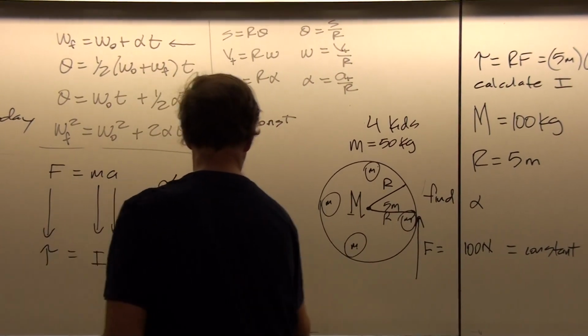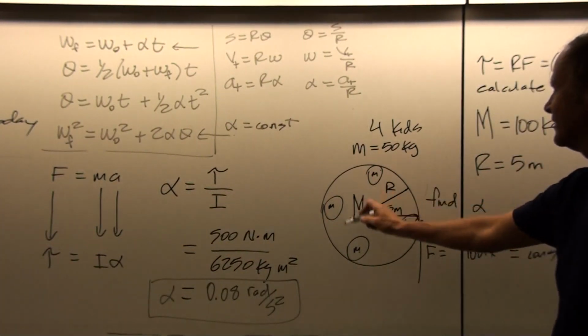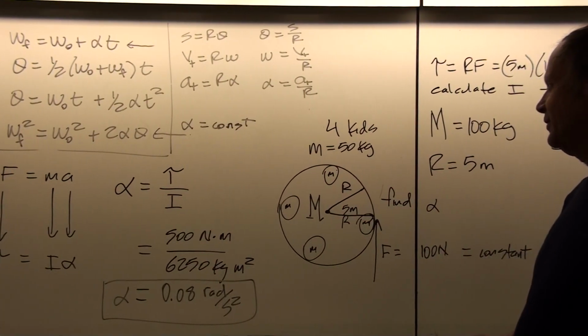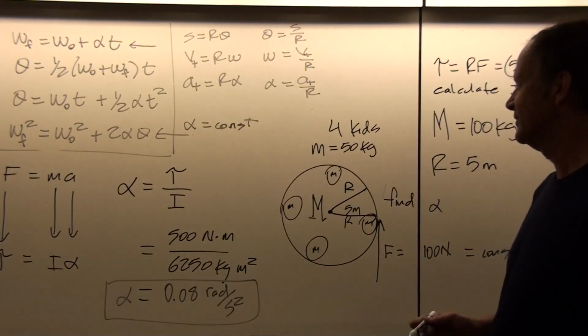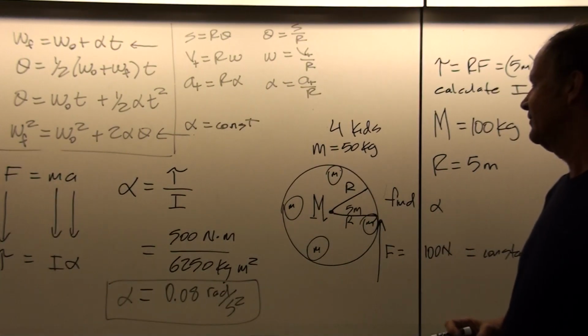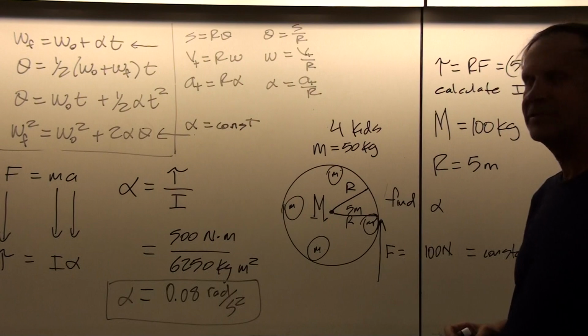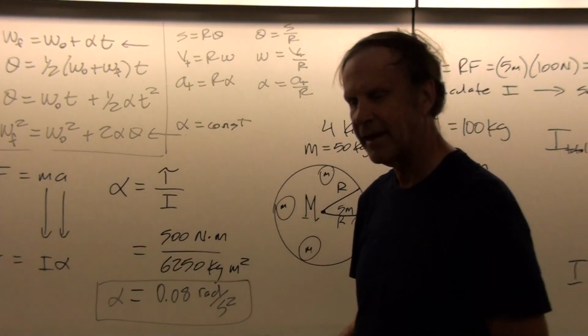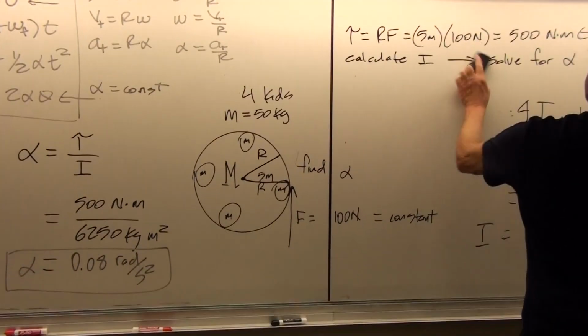All right, so it seemed like our kindly adult was giving the kids a pretty good ride, but 0.08, or 8 times 10 to the minus 2 radians per second squared, doesn't look very significant in terms of a wild ride. So let's go ahead and see what the final angular velocity would be after 5 seconds.